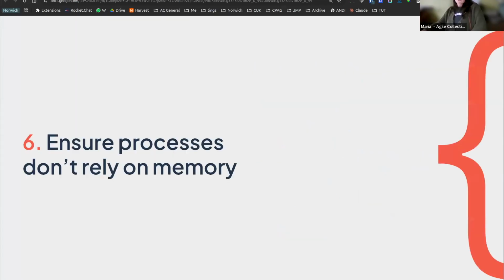Okay. So here's, ensure processes don't rely on memory. This touches a lot on security and privacy, and it's quite an interesting space. But basically forcing people to rely on memorizing stuff disadvantages those who have bad memories, and for some people that's long-term memory.